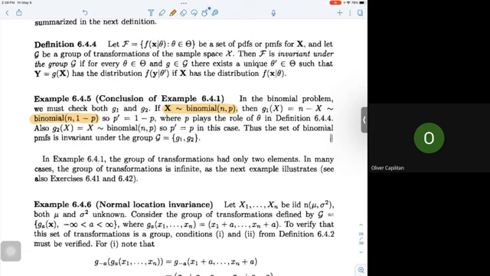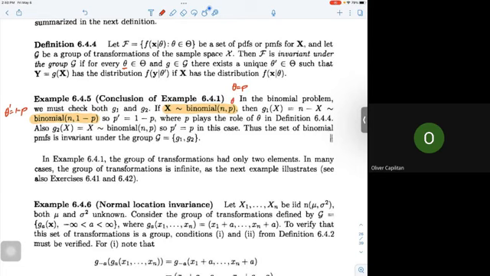So dito, sa problem na to, yung theta natin is the p. Okay? Then there exists a unique theta prime. So in this case, the theta prime is equal to 1 minus p. So yung distribution ng x, ito yung theta niya.